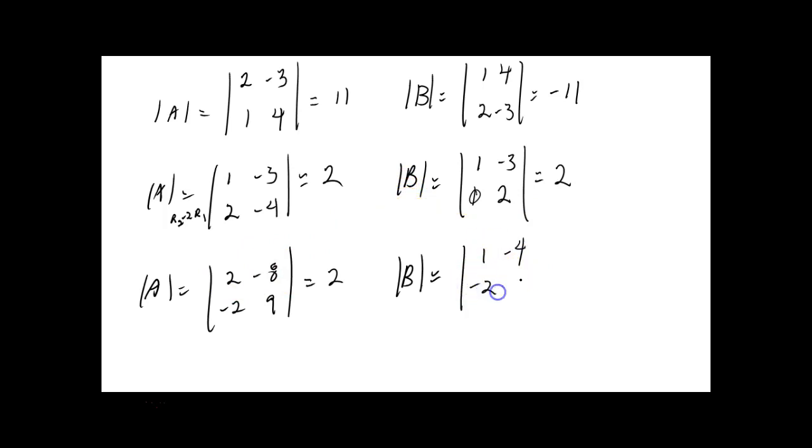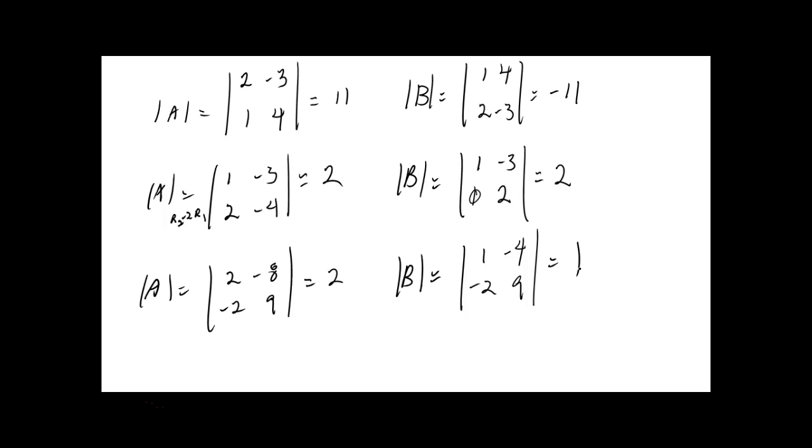And negative 2, 9. And what is your determinant of that? 1. Okay? So if you divide a row, and later we'll even know a column, by a number, you divide the determinant by that same number.